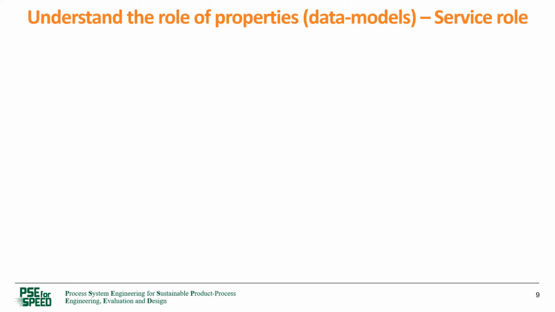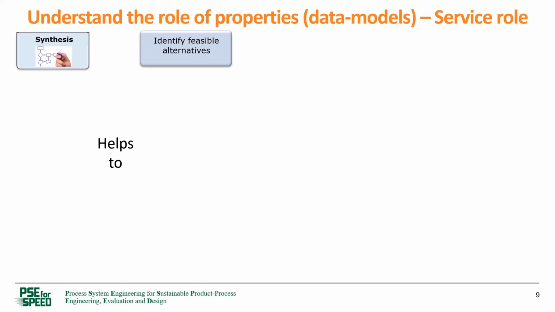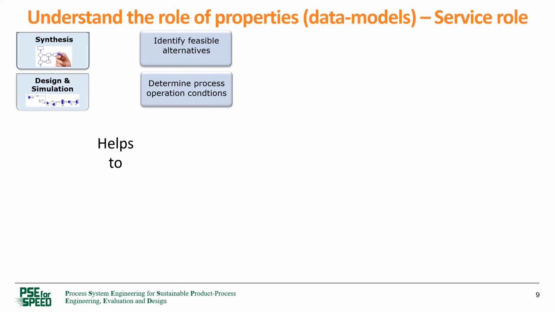And before I explain the service role, let's look at what, in terms of process synthesis design, all the topics that we covered in webinar 1, how the properties affect that. If we are doing synthesis, properties help to identify the feasible alternatives. If we are doing design simulation, properties help us to identify the exact condition of operation in terms of temperature, pressure, composition that gives a property value that satisfies our design criteria.